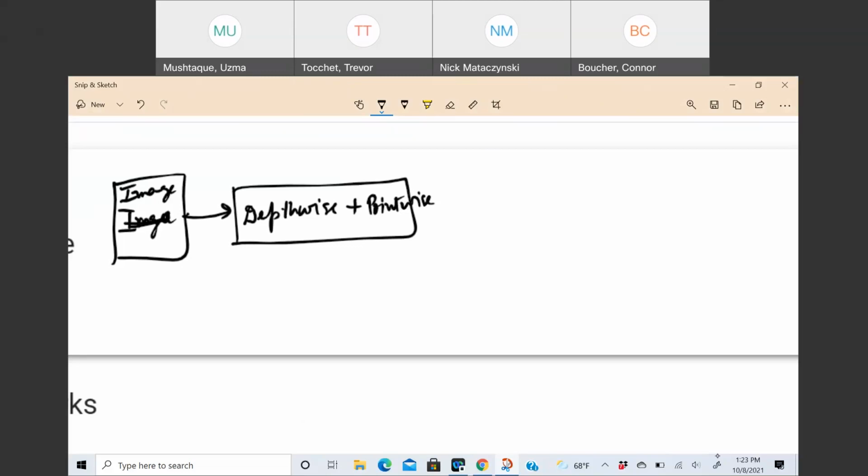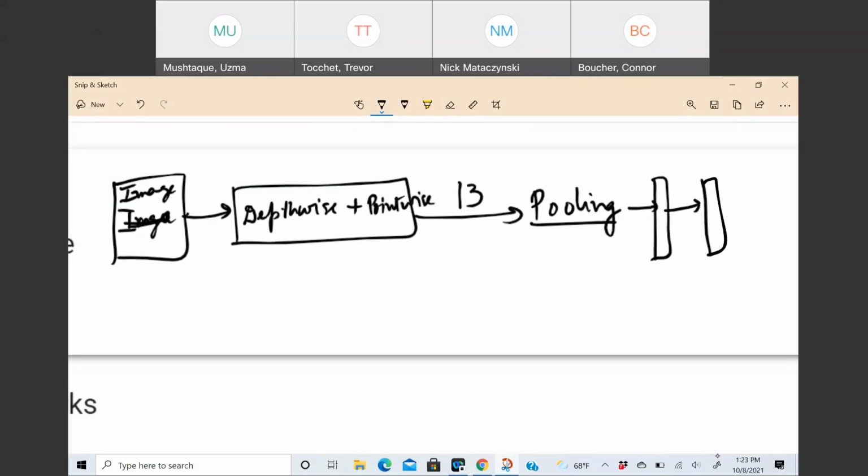So you have 13 such blocks, right? Then finally you have a pooling layer. This was the original network. And then you have fully connected layers, similar to any other CNN, and then a softmax. In any image classification, you can have a softmax of 1,000 or more, depending on the task. So this is the basic one.